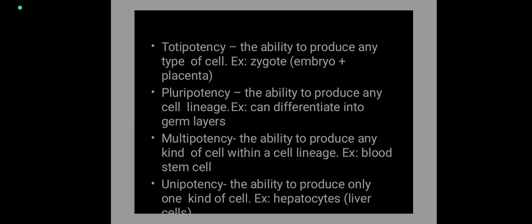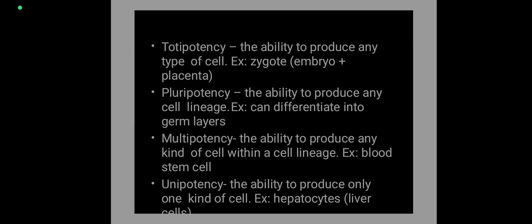Totipotency: what is meant by totipotency? These are the terminologies involved in stem cells. Totipotency is the ability to produce any type of cell, for example the zygote, embryo plus placenta. Pluripotent is the ability to produce any cell lineage, which can be differentiated into germ layers. Multipotency is the ability to produce any kind of cell within a cell lineage, for example blood cells.